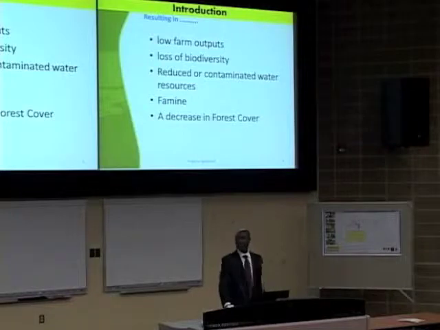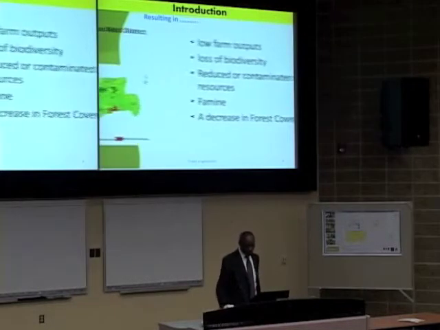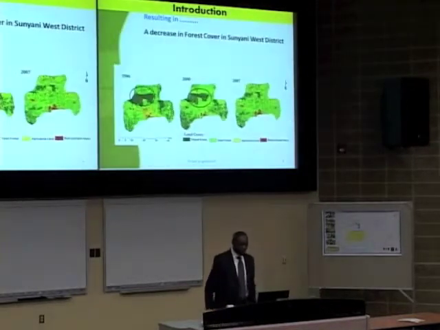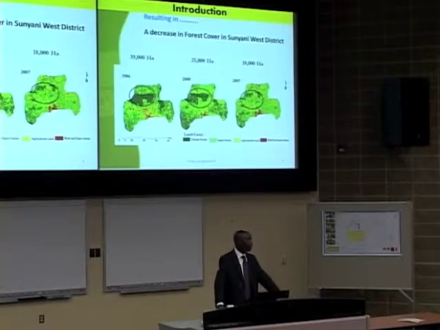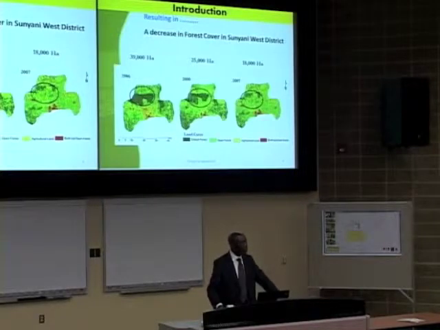So what do we do when we are faced with these particular problems? If you look at the picture here, these are satellite projections. Right from 1996 through to 2007, when the project began, you can see the land cover reduced.